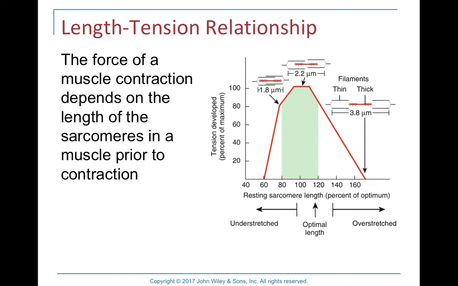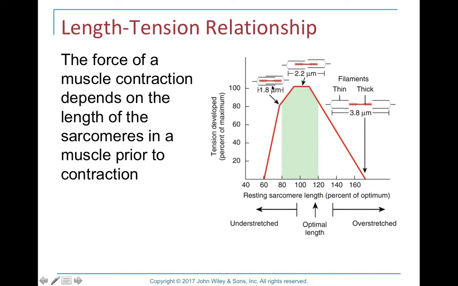Let's talk about how length and tension of the muscle will help to determine the force of the muscle contraction. So we have this here showing our understretched muscle, the optimal length, and then the overstretched muscle. So we're showing how here we overstretch the thin and the thick filaments, and then the understretch.